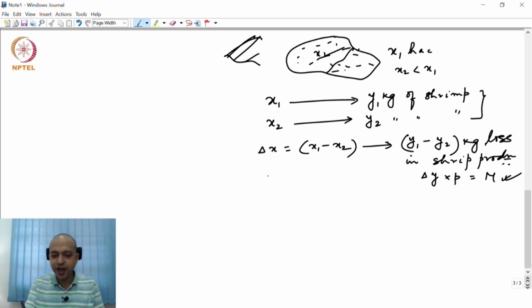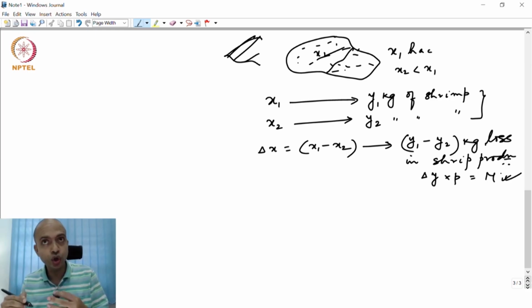So for delta x amount of change in the wetland size, we get delta y amount of change in paddy production. Again, if you multiply that with the paddy price per unit or per kg, we'll get some monetary units, let's say m. Then m is the value of the environment for delta x amount of change.